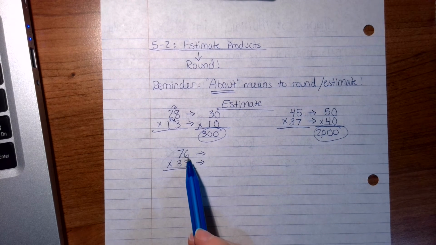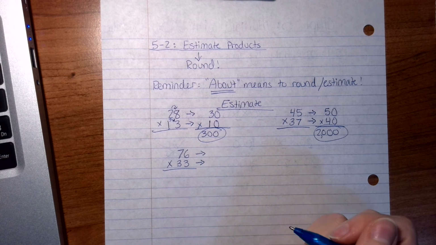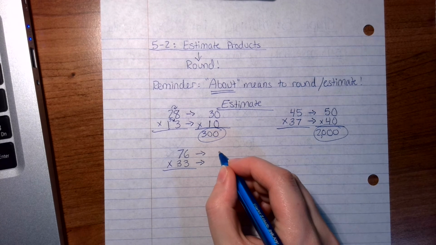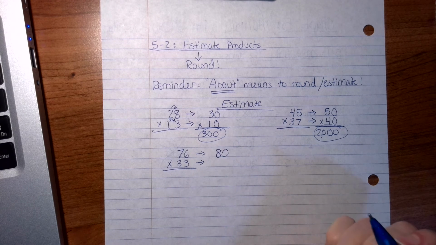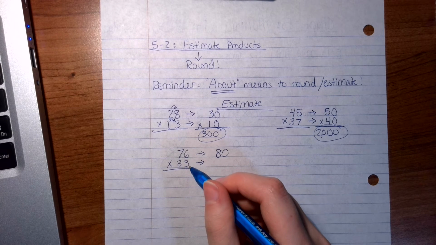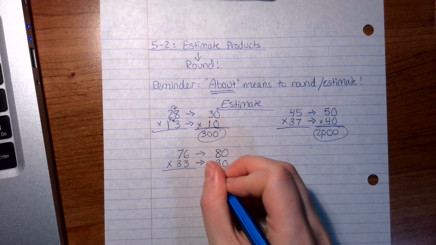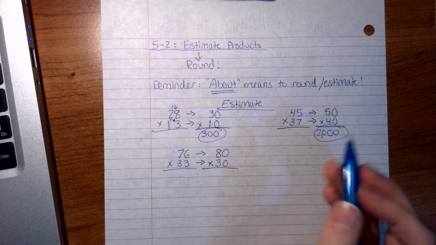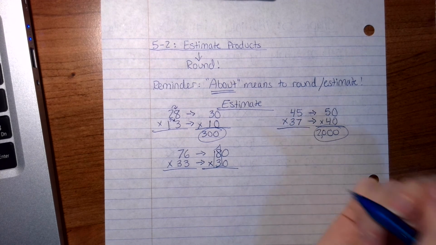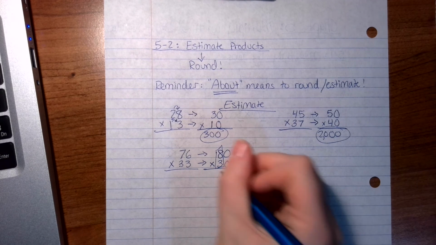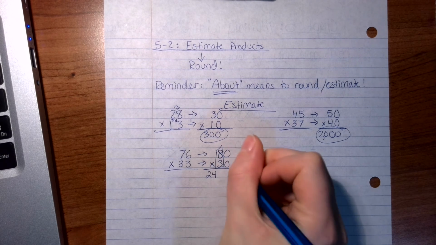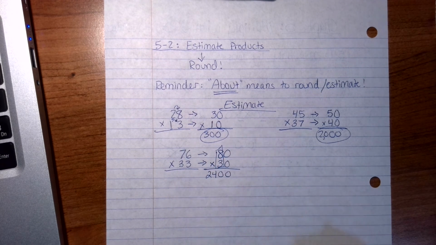So 76 rounds to, if you got 80, you're correct. And 33, it falls between 30 and 40, but it's closer to 30. Okay, let's solve. My basic fact is 8 times 3. 8 times 3 is 24. And then there's 2 zeros.